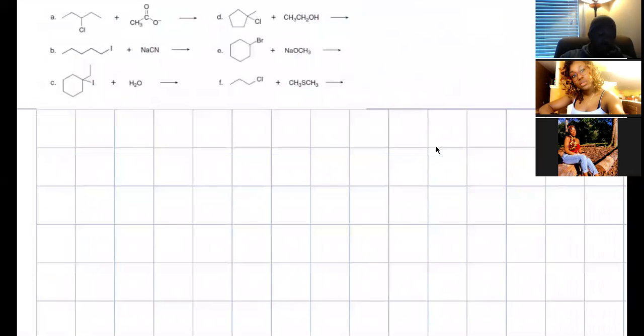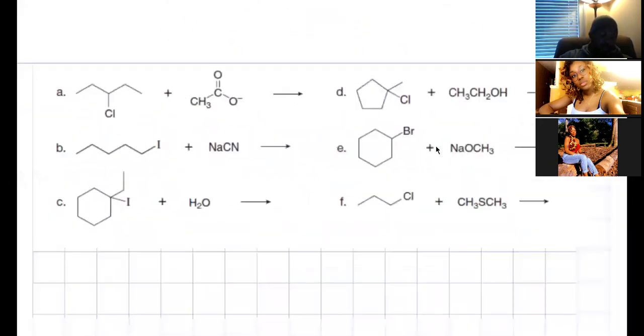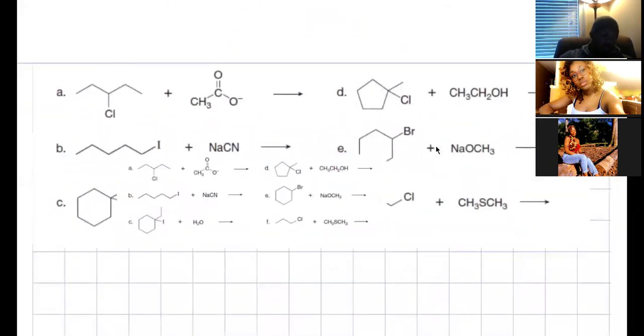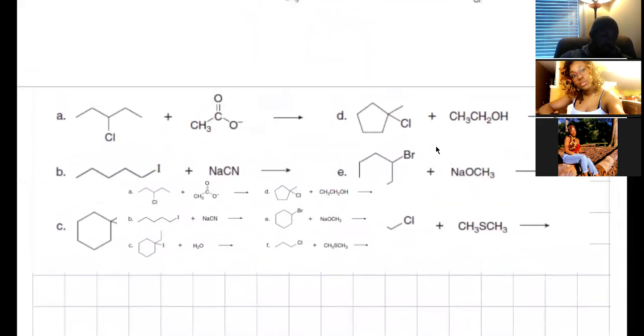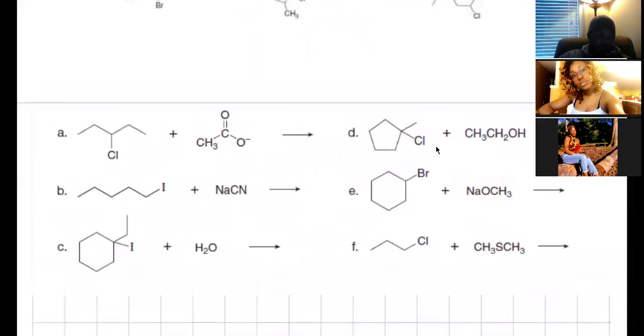And while we're doing it, we're gonna also add some more elements to it other than just drawing the products out.